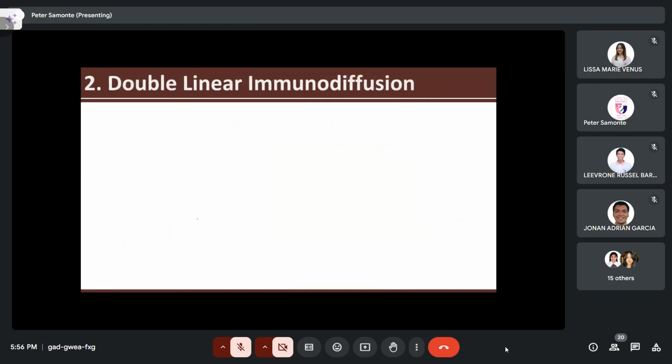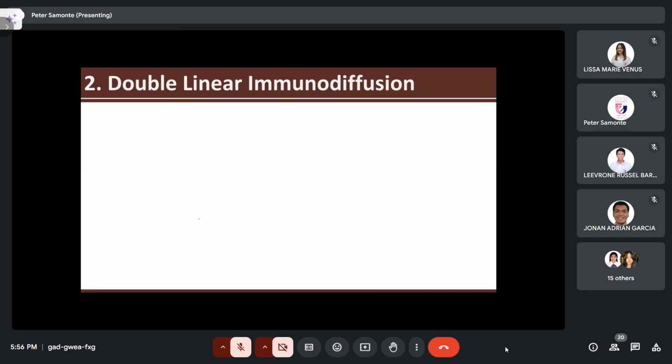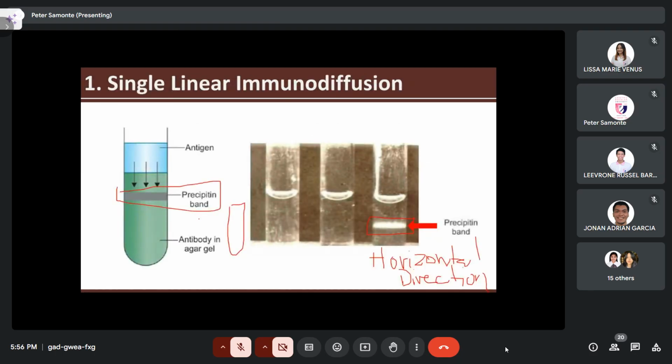Then let's go to the double linear immunodiffusion. This is also known as your Oakley-Fulthorpe diffusion technique. Now, antibody is incorporated in the gel above which is a column of plain agar. So kanina class, sa Oudin technique nyo, yung antigen nyo would come in as a solution.